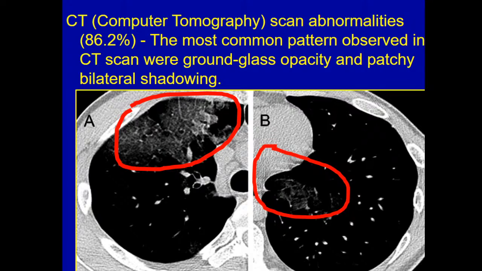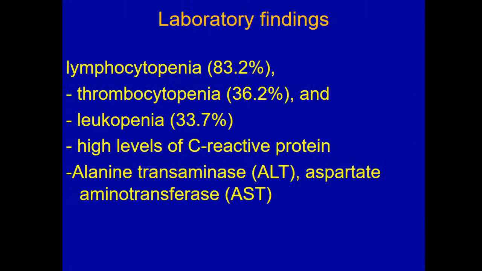Okay, so except for computer tomography, what other biochemical findings can be helpful? These are lymphocytopenia, that is seen in 83% of individuals. Thrombocytopenia, so a decrease of the cell counts, 36%.